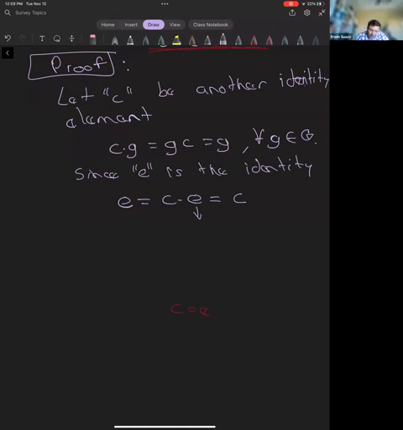So this one, C times E equals E because C is an identity. And this one over here, C times E equals C because E is the identity. Either way, E equals C as we wanted. We can say therefore E equals C.